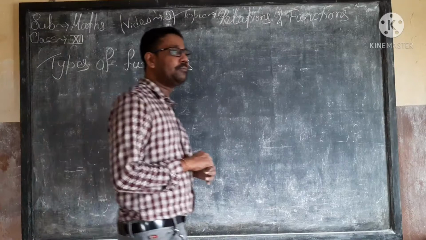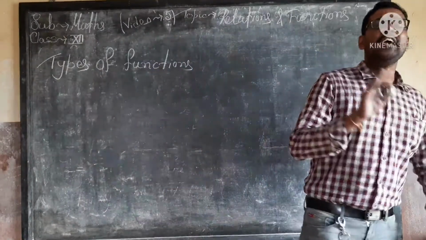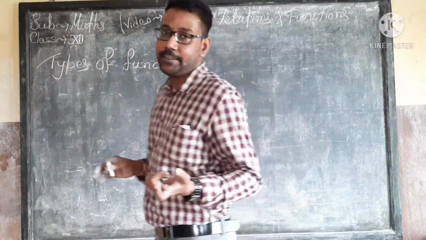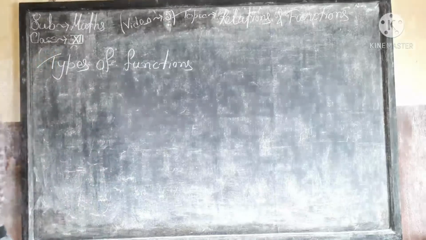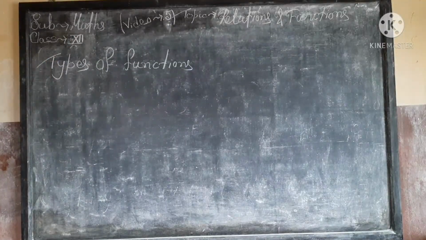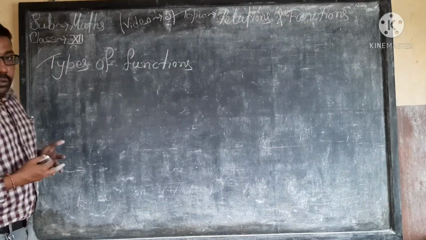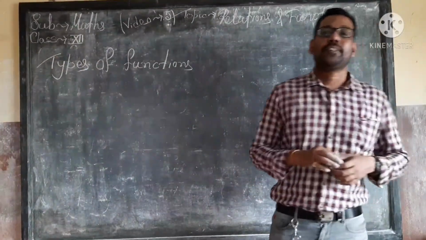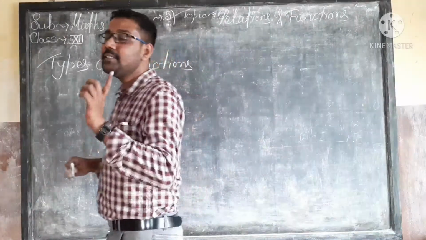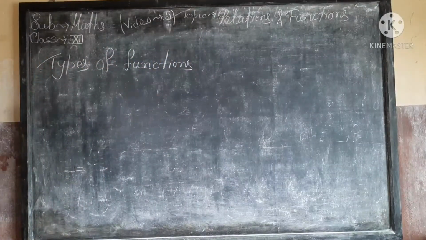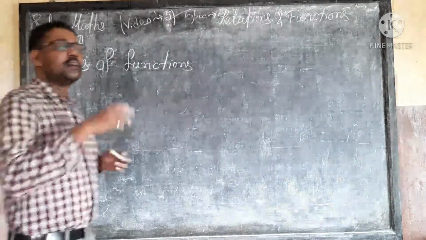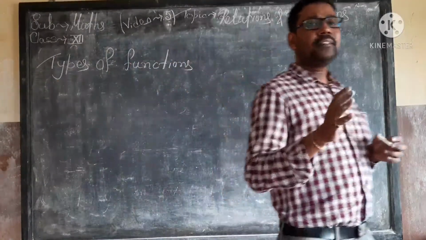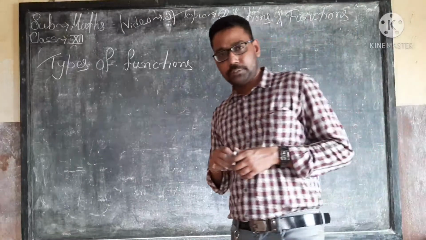And the second one, every element of the first set is connected to some distinct element of the second set. These are the two criteria. If any relation satisfies these two, then this relation is called a function.